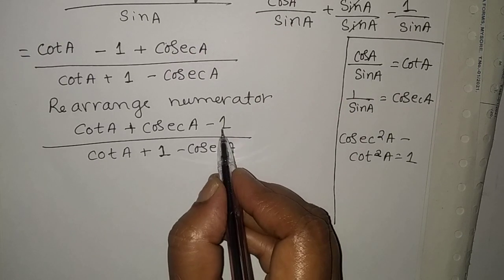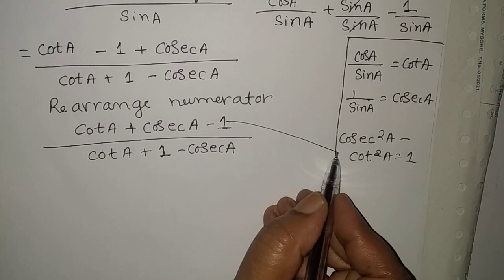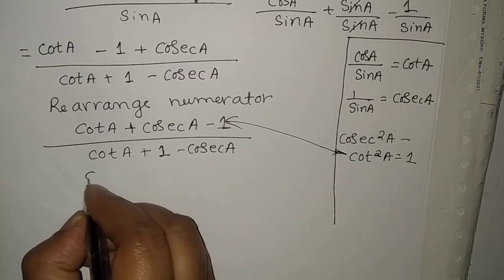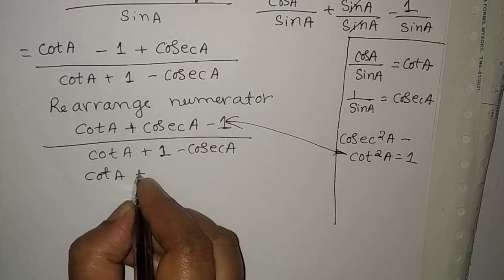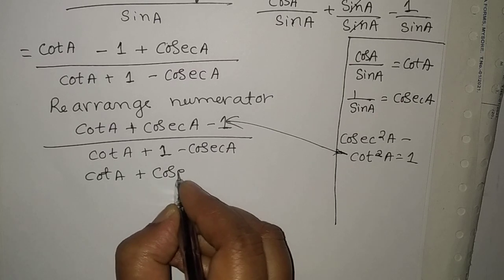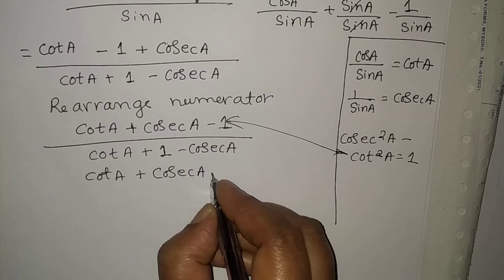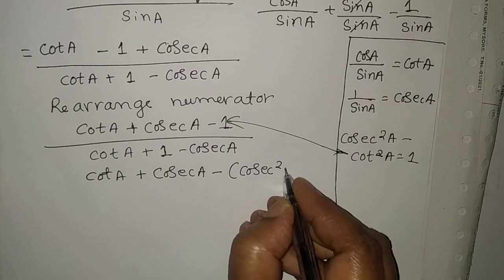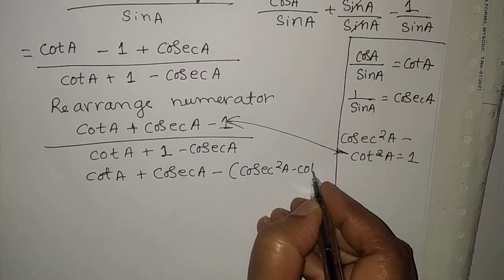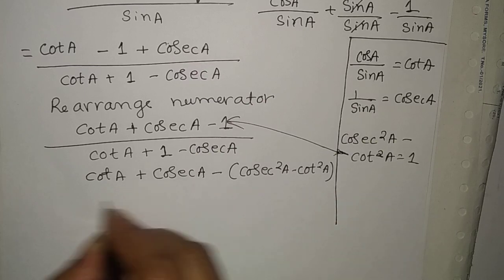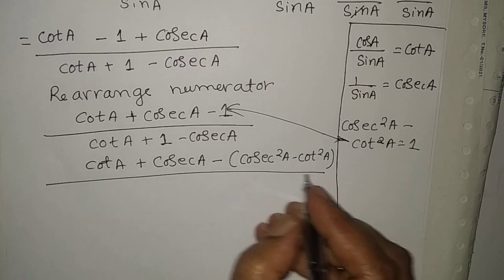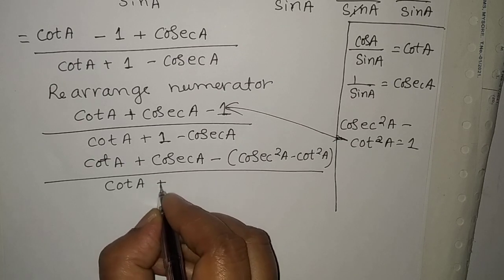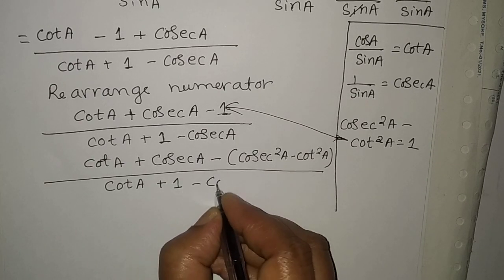Now substitute for 1 here, in the numerator. So cot A plus cosecant A, and 1 is written as cosecant square A minus cot square A, by cot A plus 1 minus cosecant A.